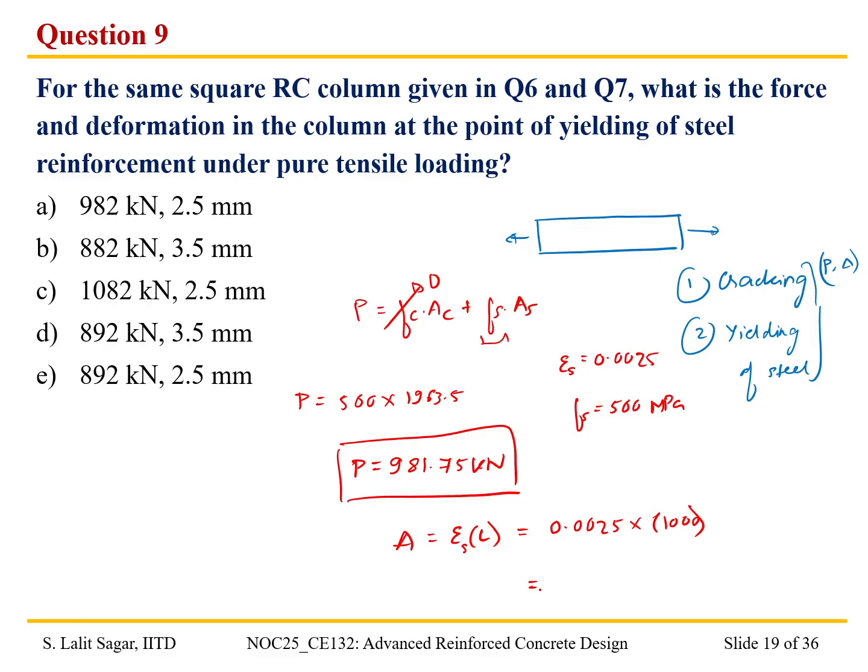Yeah, it is straightforward. Delta is equal to 2.5 millimeter. Simple. So the correct answer is option A. Option A is the correct response.